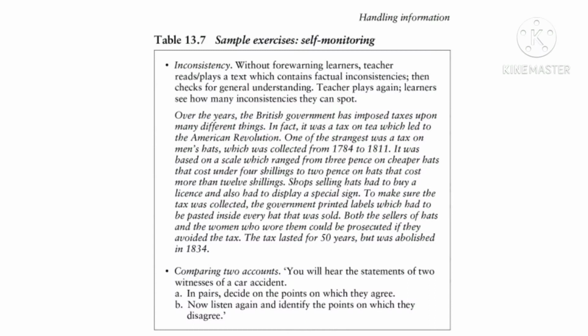That is for the L1 process. And for the L2 processing, it has a process called self-monitoring, which consists of finding inconsistencies in what we are listening to and comparing points of view.